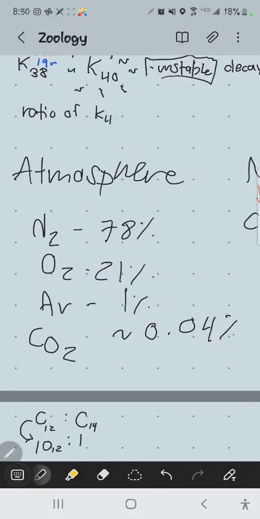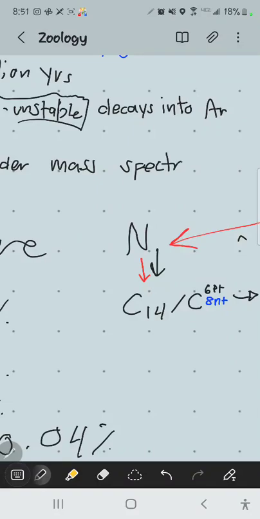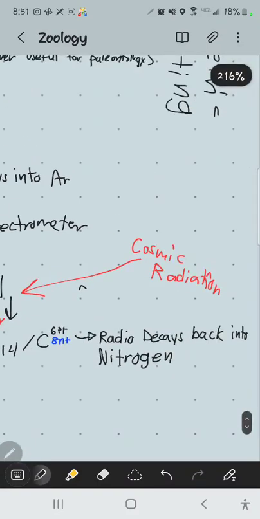If you find a sample that's all potassium-40 and no argon, you know it's less than 100,000 years old. If you find a very tiny bit of argon, it might be 100,000 to millions of years old. But you can measure samples as much as 20 million, 40 million, all the way to hundreds of millions of years old.